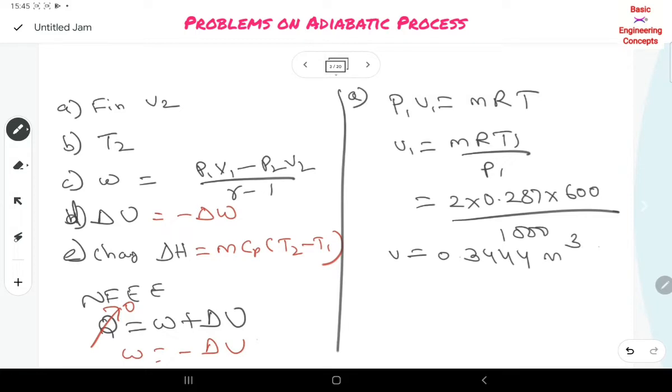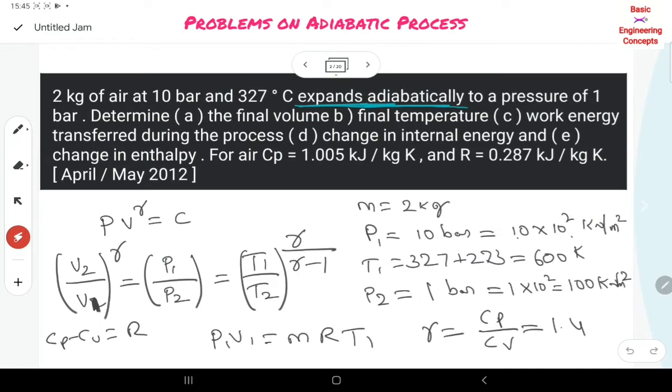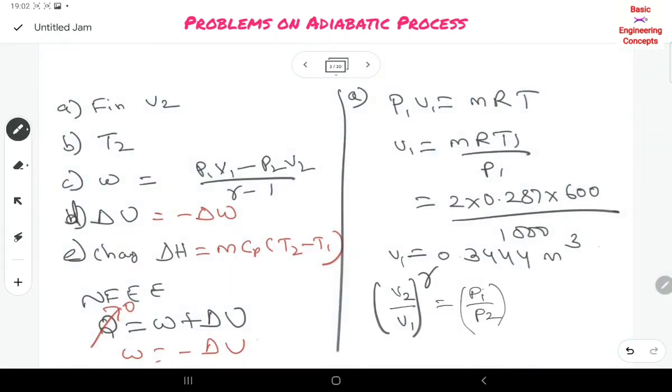Okay, for the adiabatic process, there is a relation, as I already explained. Now you can calculate V2 using P1 by P2 is equal to V2 by V1 to the power of gamma.